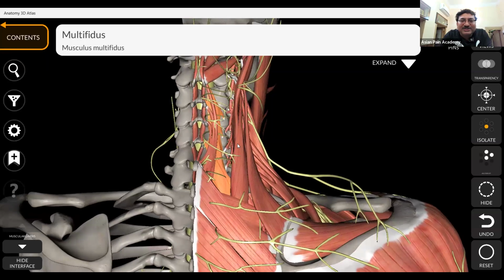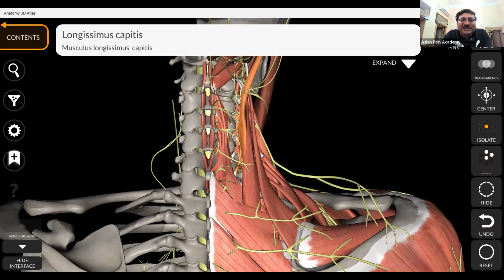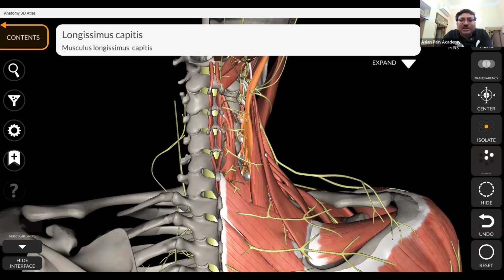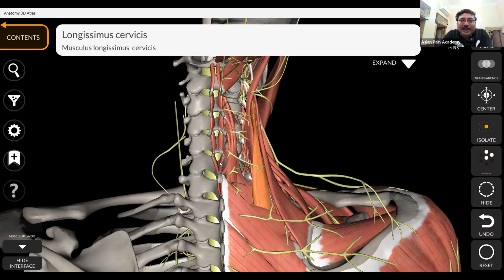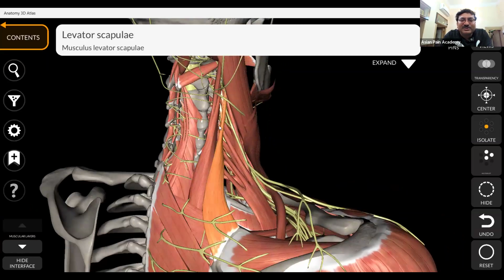The nearest muscle is the multifidus, and here there will be the longissimus, and by its side the longissimus cervicis, and at this point the levator scapulae. So these are all the muscles surrounding this point.